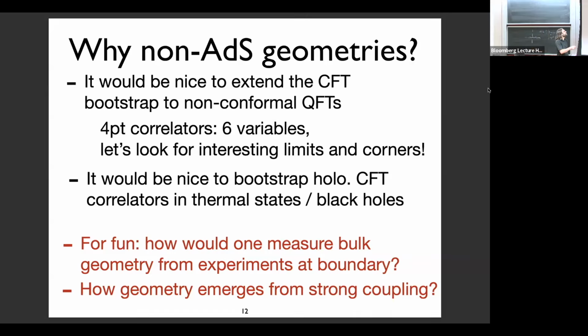So why do we want to do this in non-AdS geometry? Well, it'd be nice to do something like a CFT bootstrap in a non-conformal field theory, and people are trying to bootstrap QCD, so it's great. But if you think about local operators in a theory that's not conformal, one great thing about 4-point functions in CFTs is that they're a function of just two variables because of all the symmetries. In two variables, it fits in people's brain.